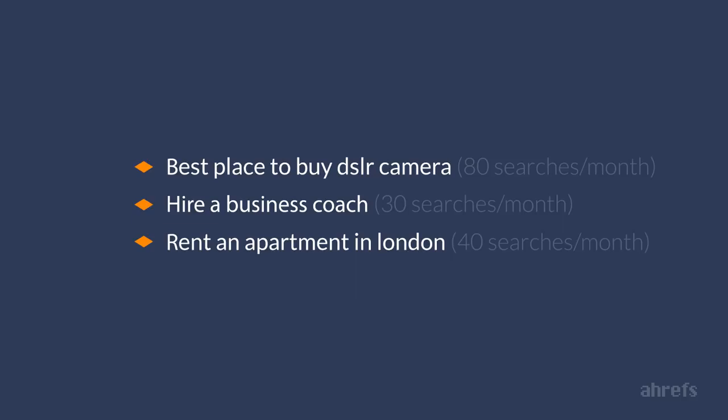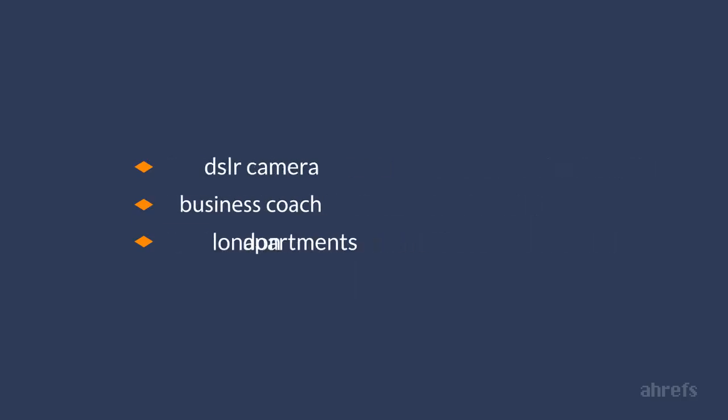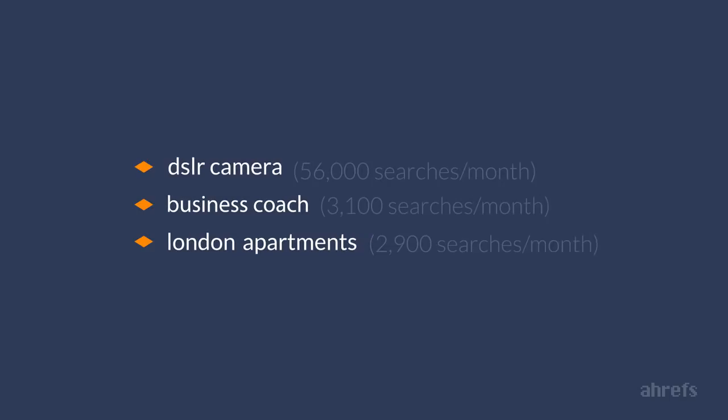But in all honesty, you should not ignore their generic versions with much higher search volume just because the search traffic coming from them would be harder to convert into customers. Especially if you have some experience writing good sales copy and persuading people to buy what you sell. A person searching for business coach might not be ready to hire one right away, but it is your article that could persuade them to do so.